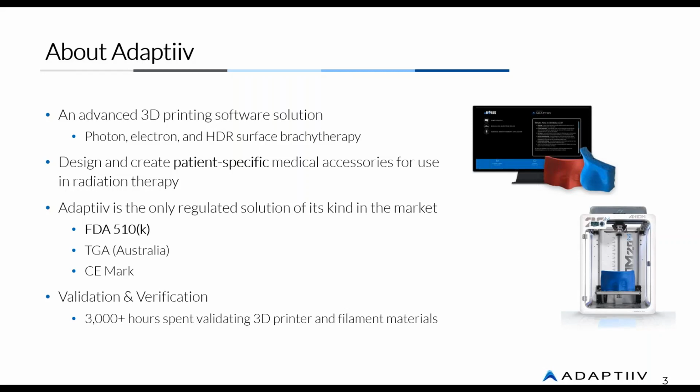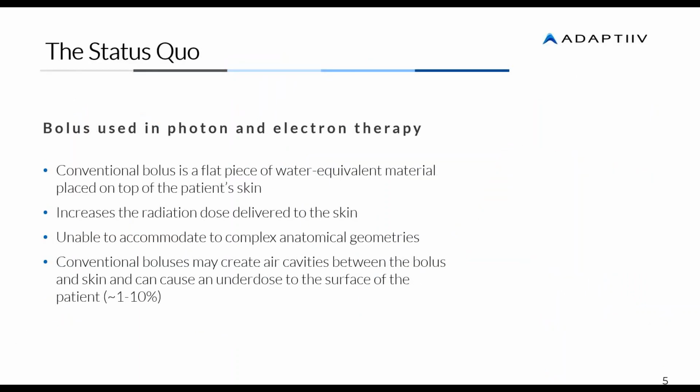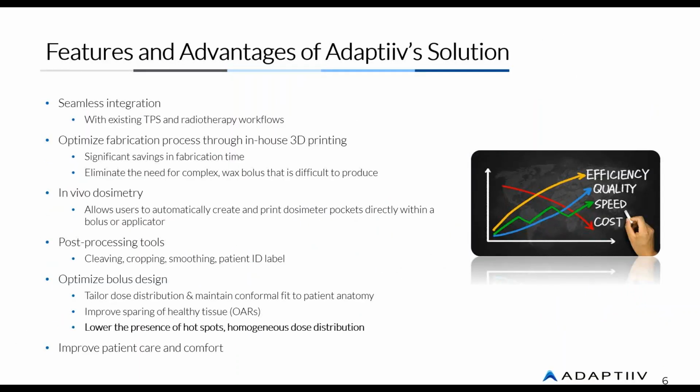Of course, the benefits of this module is that it provides a patient-specific structure or patient-specific device, which minimizes any air gaps between the bolus and the patient, which, as you may know, can cause underdosage to the PTV.